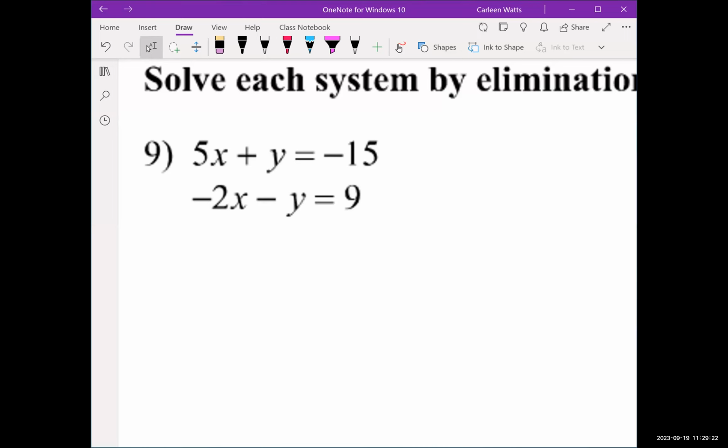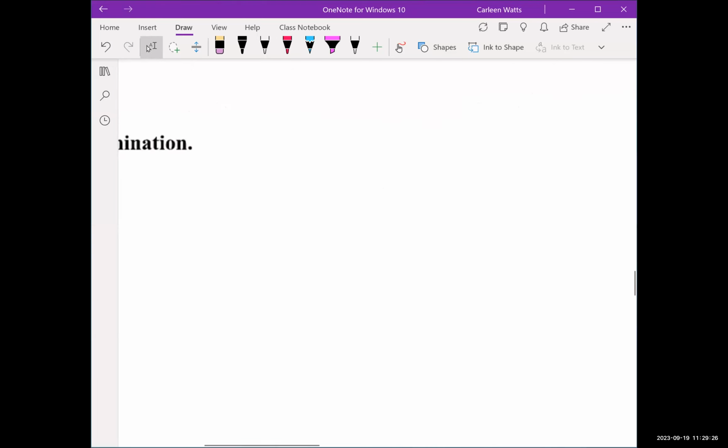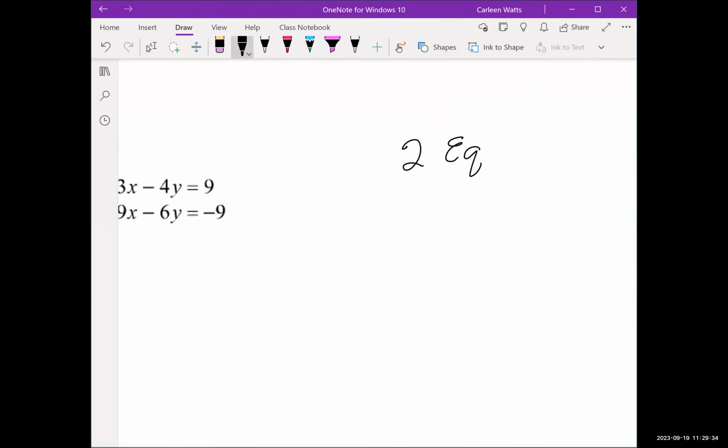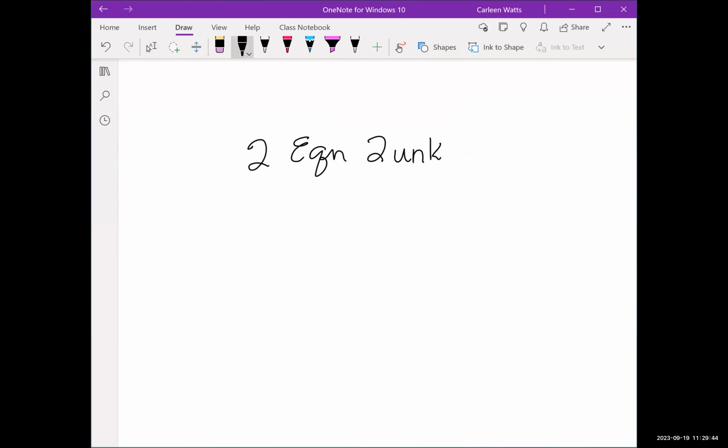Okay, now let's think about what the goal of these is. I have 2 equations and 2 unknowns. Right? 2 equations, 2 variables.